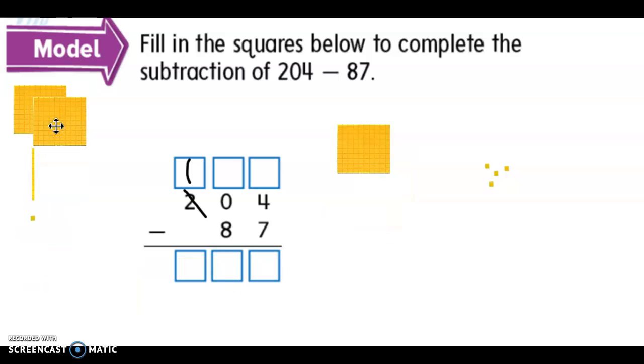Now remember, when you regroup, you're trading it in, sort of breaking that apart. So hundreds will break into tens.